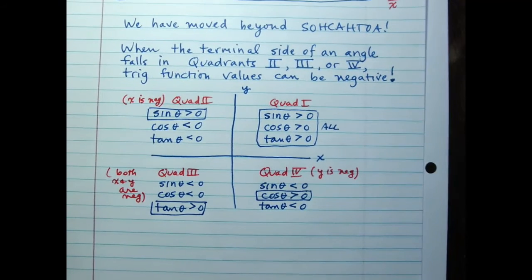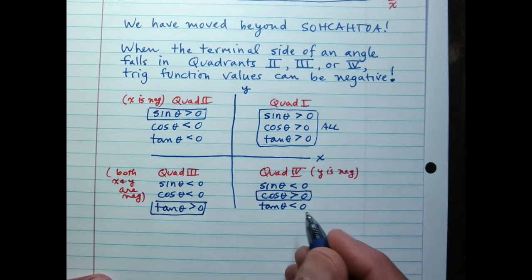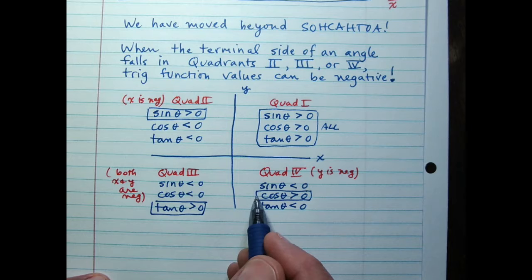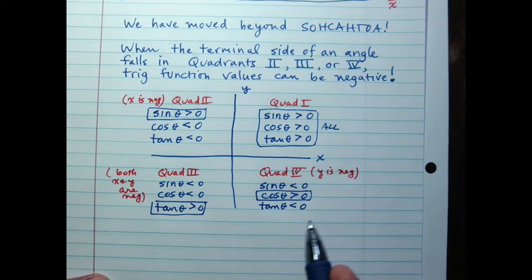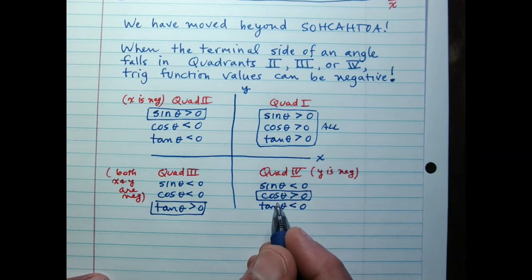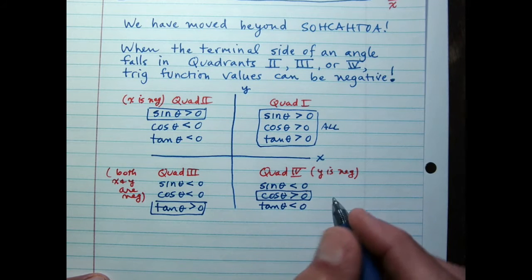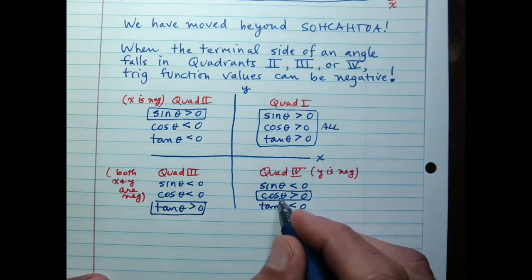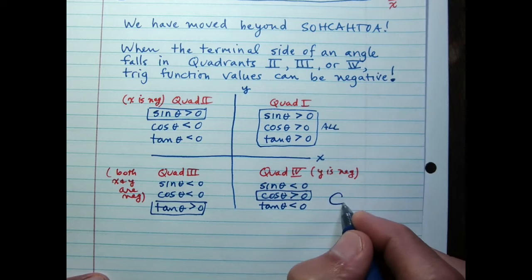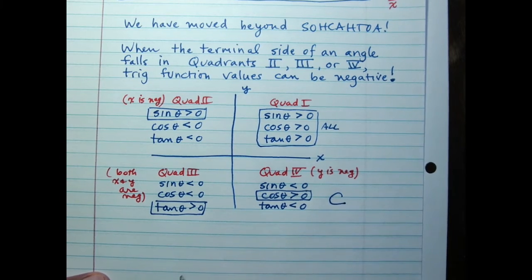So some people like to memorize a little mnemonic. Again, I think you should just have a feel for where these are positive or negative because you know where x and y are positive and negative. But if this works for you, let me just tell you. Cosine positive, I'm just going to write a big C here.